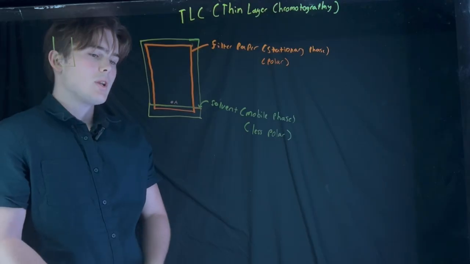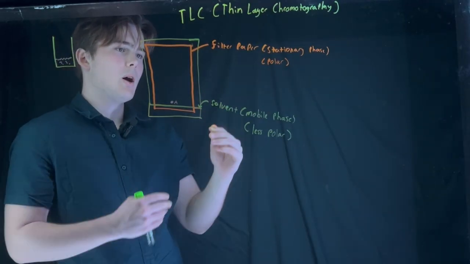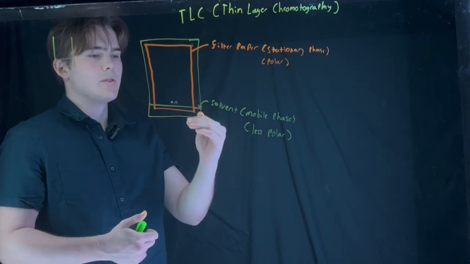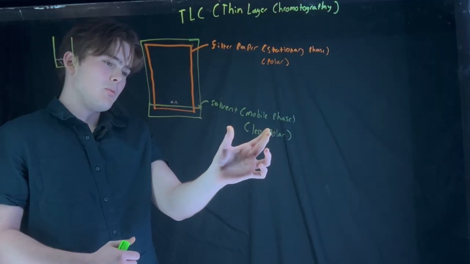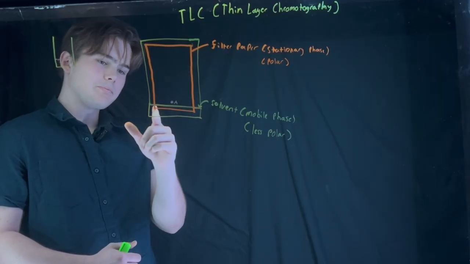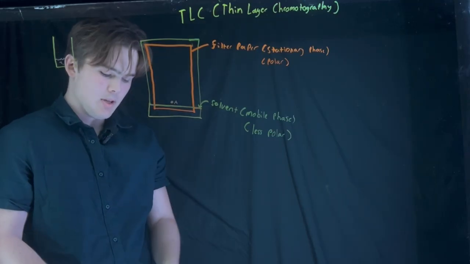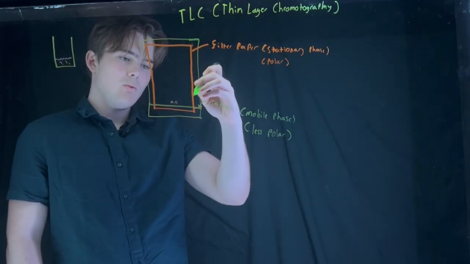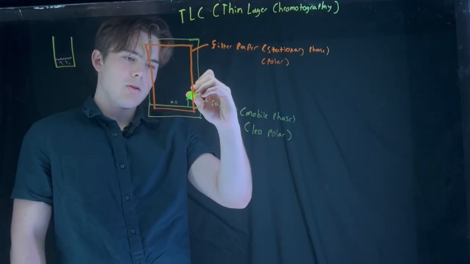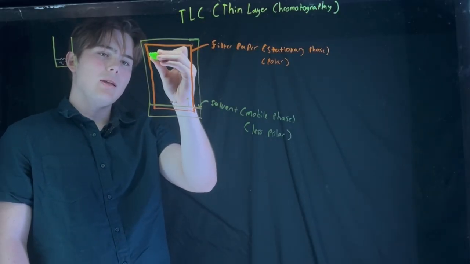What's going to happen now is, because this filter paper is porous, it allows the solvent to flow through it. The solvent's going to move from the bottom here, up into this filter paper. So the solvent will move up this way, and it might stop about here.